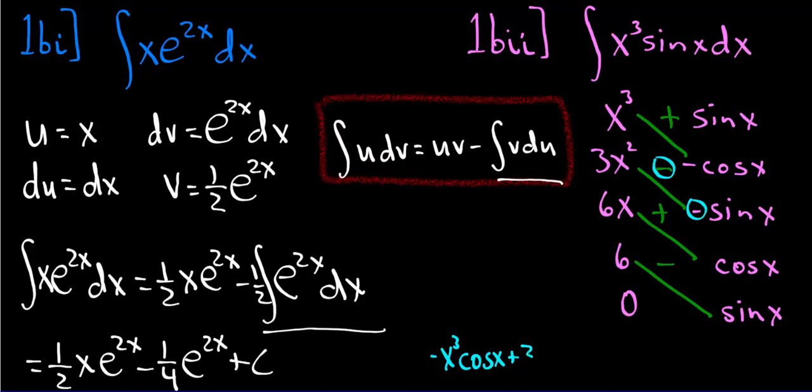So we have 3x squared sine x. And then we have plus 6x cosine x. And then finally minus 6 sine x and then plus c.